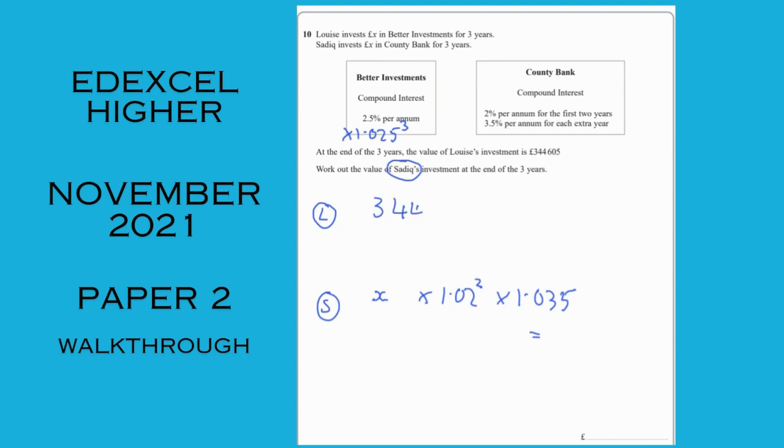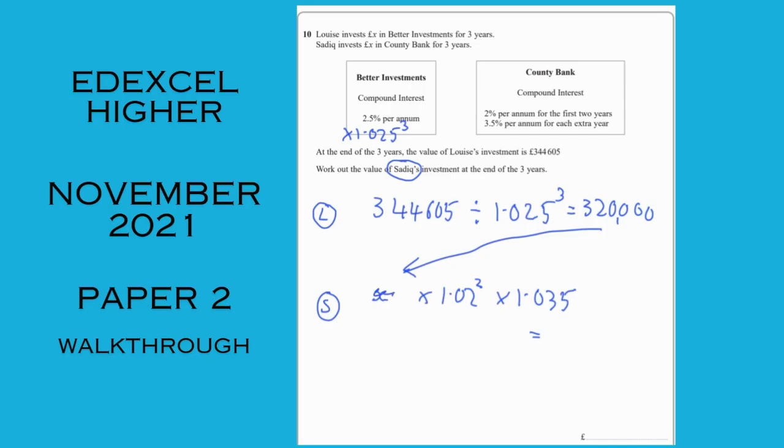That's why it's reverse percentages. So to get X, we divide by 1.025 cubed, and it gives us the reassuringly round answer of 320,000, which means we can get cracking on Sadiq.